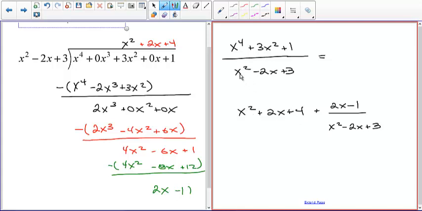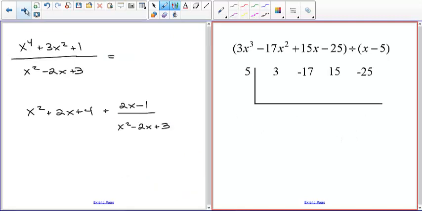And the remainder will always have this as the denominator. So this is the remainder. But if you actually do the calculation, that's what you get. Okay, so that is long polynomial division.